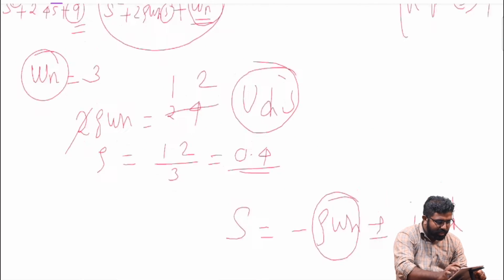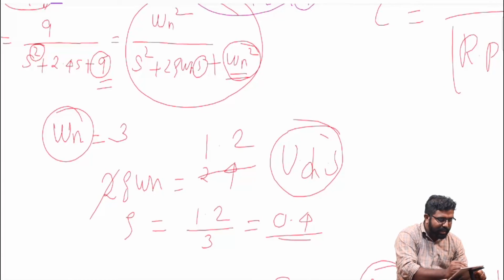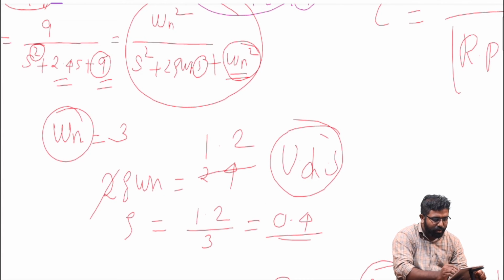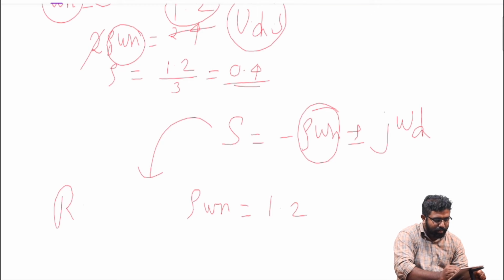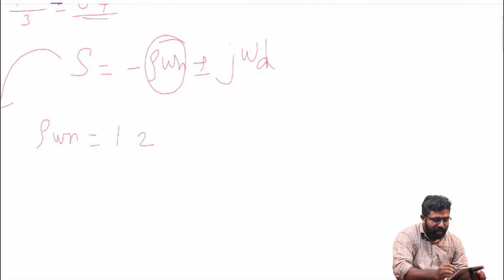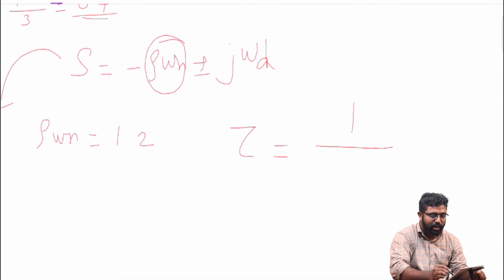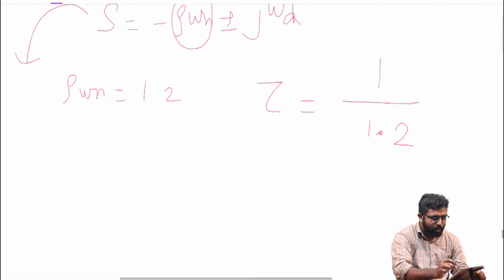So in this equation, what is theta omega n? 2 theta omega n is 2.4, so theta omega n is 1.2. This is the real part. So what is my time constant? Time constant equals 1 by magnitude of real part, that is 1 by 1.2.